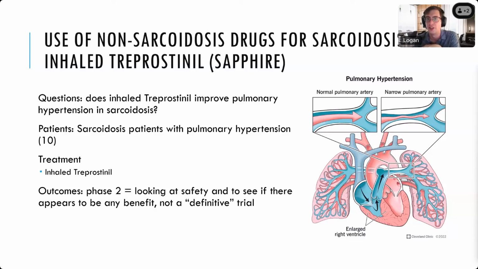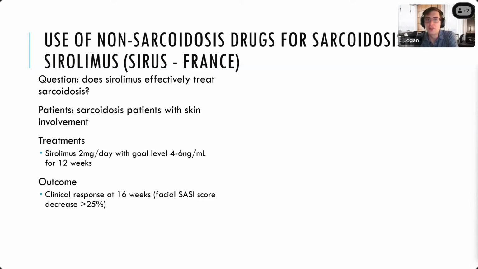Next up, I want to talk about sirolimus. And this is a drug that is actually targeted at the inflammation of sarcoidosis.